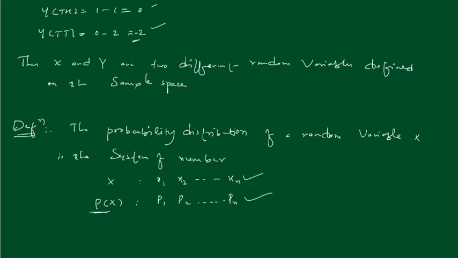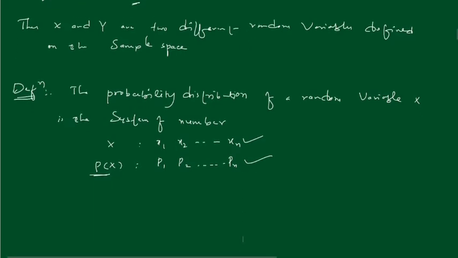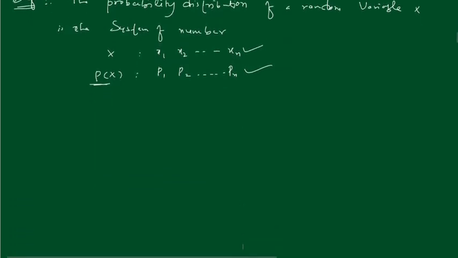Let's see an example. We can understand both the examples here, for random variable as well as probability distribution, right?